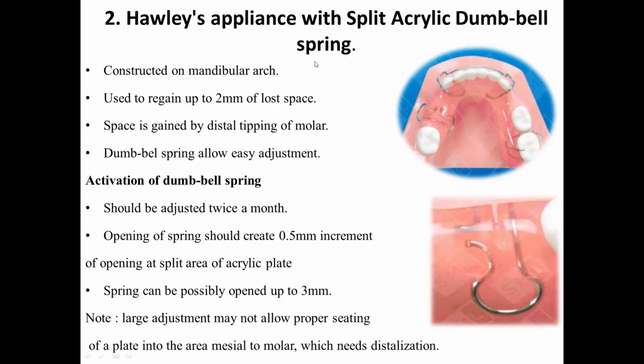So with these distalizing appliances, with this split acrylic plate with a dumbbell appliance, you can again regain the lost space of around 2 mm, because again it's a removable type of appliance and it helps tipping. Number 1. Number 2, mind one thing. With the removable appliances, we get tipping movement.